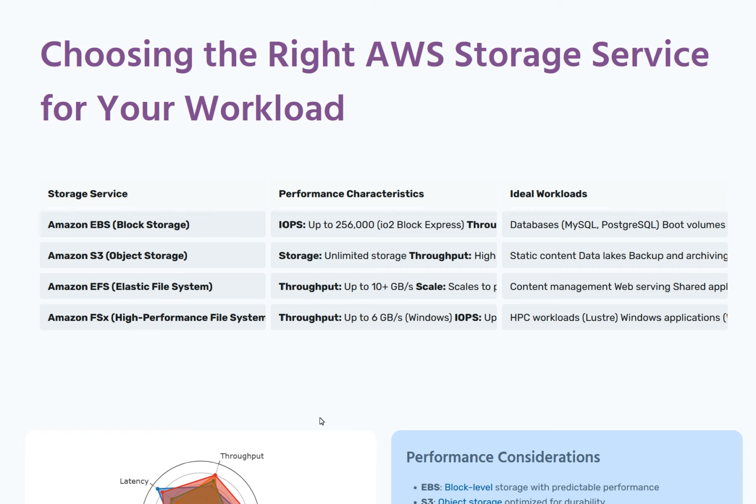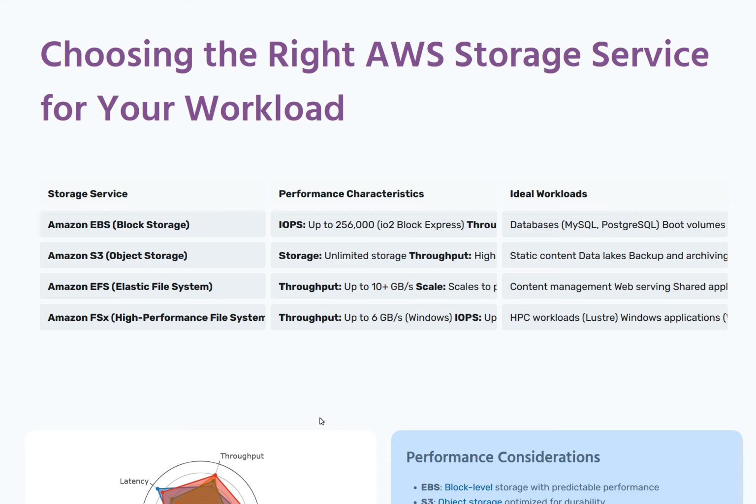The first one is EBS. Within brackets, it says the storage type is block, and then there's S3, object, and then EFS, Elastic File System, a network based file system, and then a high performance file system, FSX. EFS is more towards Linux based, and FSX towards Windows based.